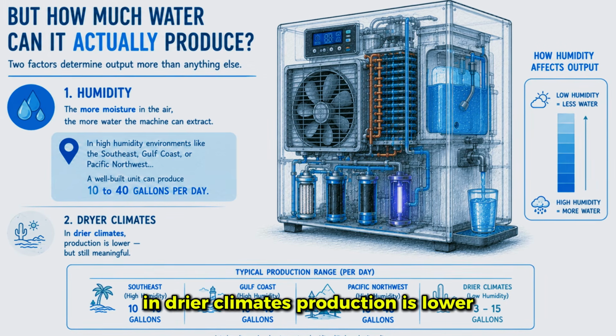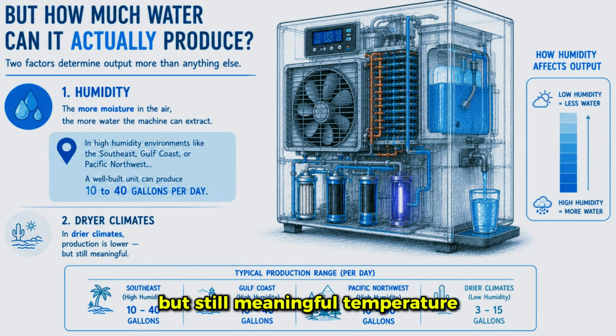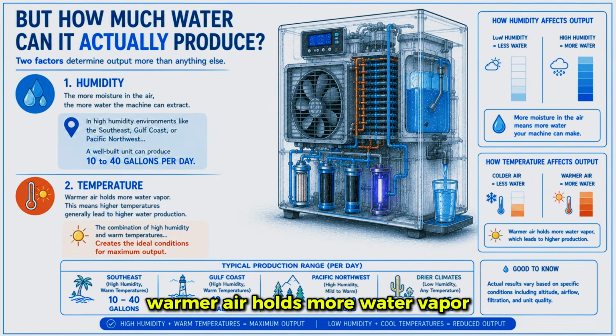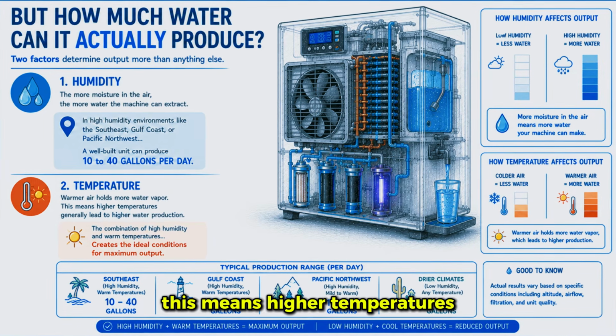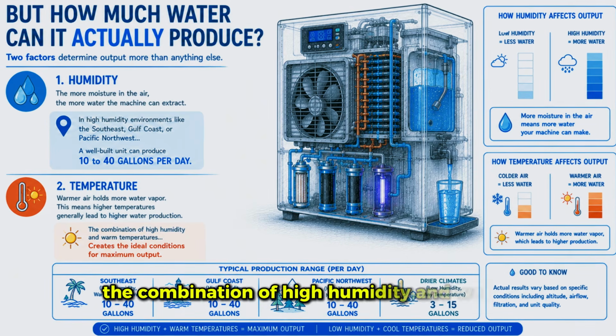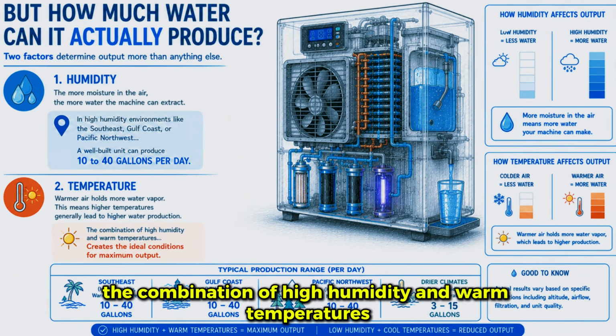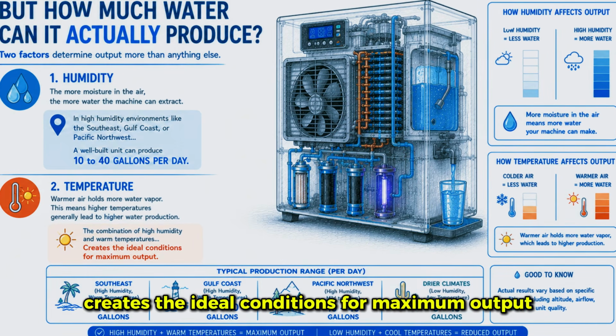In drier climates, production is lower, but still meaningful. Temperature. Warmer air holds more water vapor. This means higher temperatures generally lead to higher water production. The combination of high humidity and warm temperatures creates the ideal conditions for maximum output.